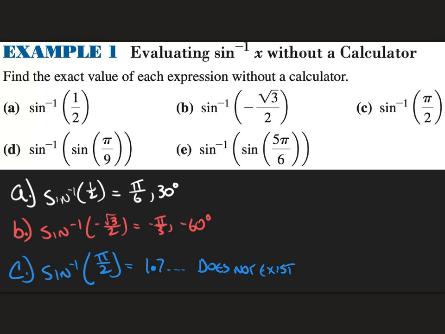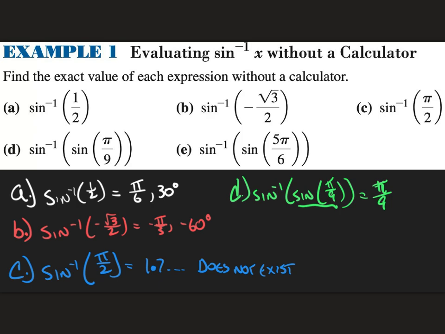So for D, the sine inverse undoes the sine. The sine of pi over 9 inside of here gives you a ratio. The inverse sine gives you the angle back. So you're just left with pi over 9.